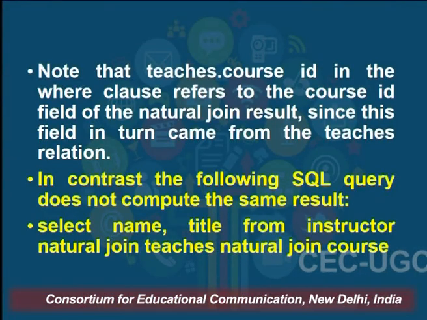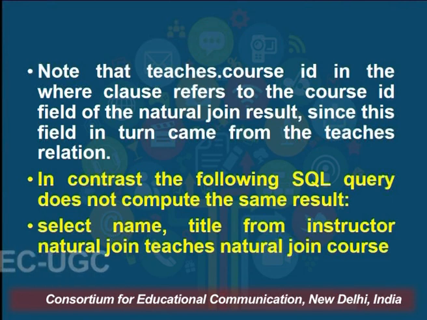Now in this we need to notice that the teaches dot course id in the where clause refers to the course id field of the natural join result, since this field in turn came from the teaches relation. So here we need to be very specific, or careful, about where this particular attribute is coming from.